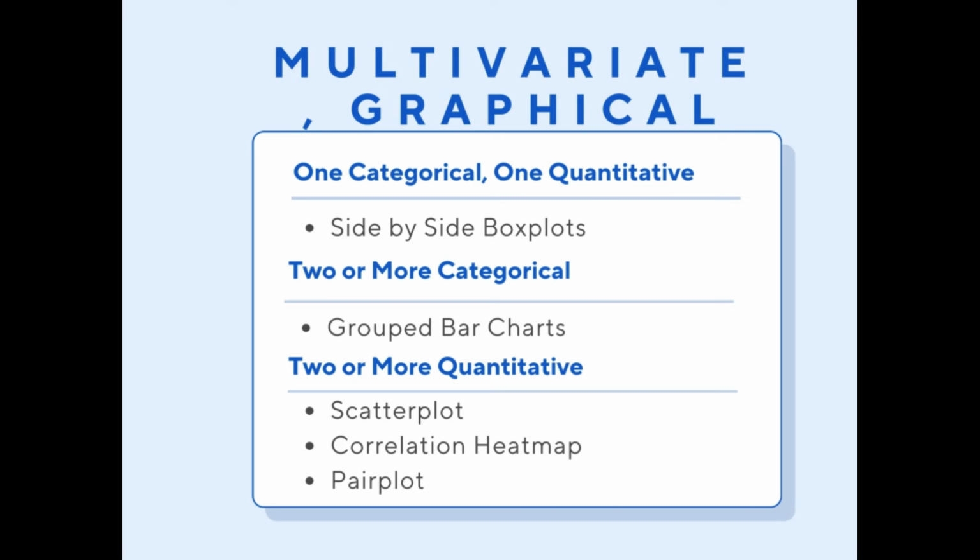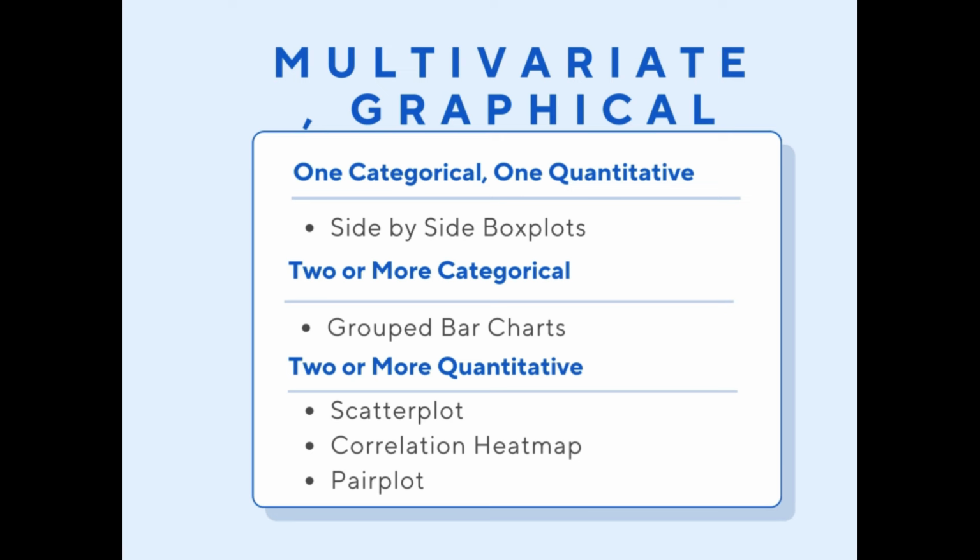Here we have the side-by-side box plots for one categorical and one quantitative variable. This basically answers the question, how does a quantitative variable vary across categories? We also have the grouped bar chart for two or more categorical variables. This answers the question, how do the categories interact with each other?